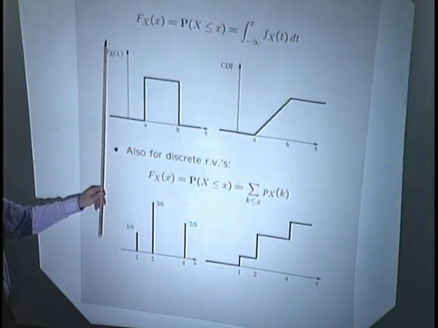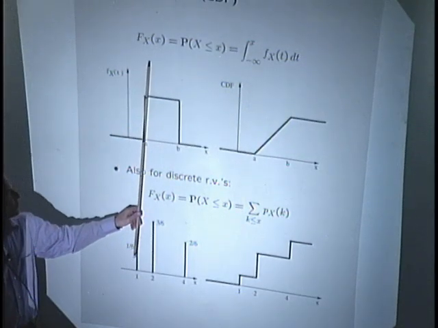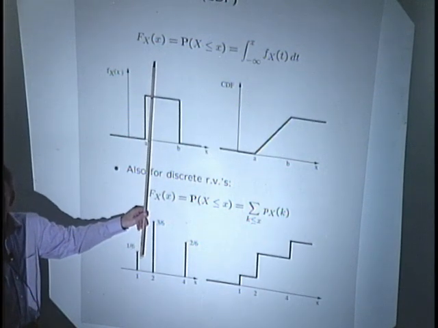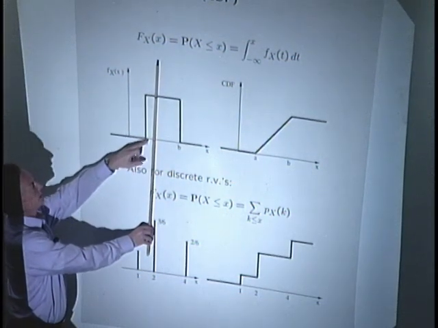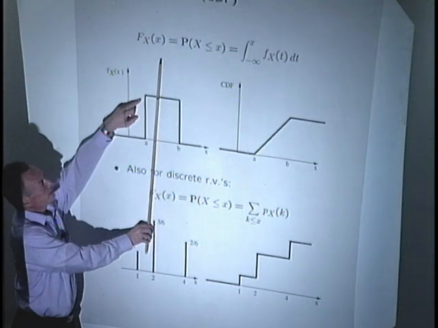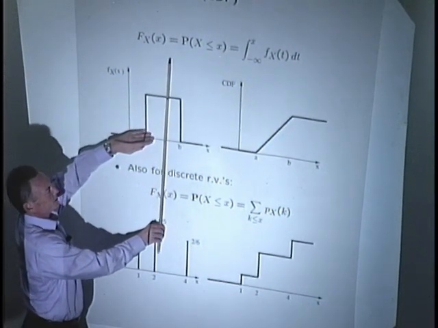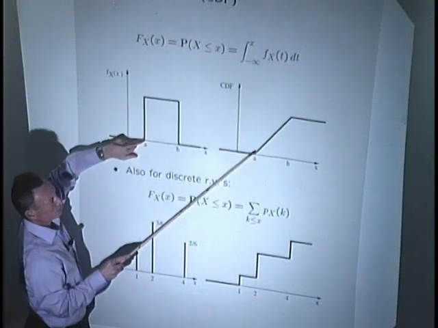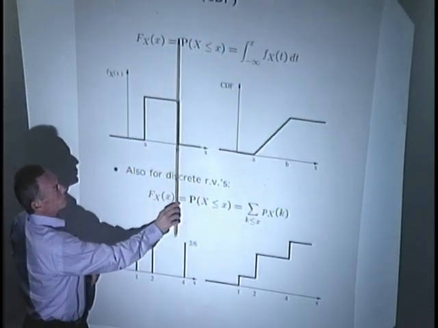Probability of falling to the left of here is 0. 0, 0, 0. Once we get here and we start moving to the right, the probability of falling to the left of here is the area of this little rectangle, and the area of that little rectangle increases linearly as I keep moving. So accordingly, the CDF increases linearly until I get to that point.